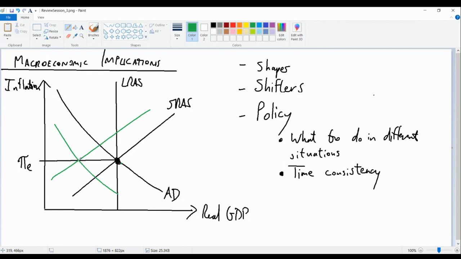So there may be pressure from the people not to do the right thing, if we interpret what I just drew as being the right thing, to raise rates to fight the inflation rather than lowering rates to fight the recession. And in particular, we were discussing towards the end, the Fed may be under political pressure not to do that.